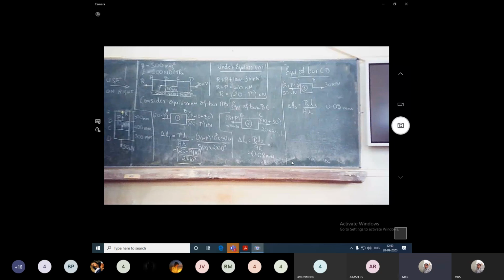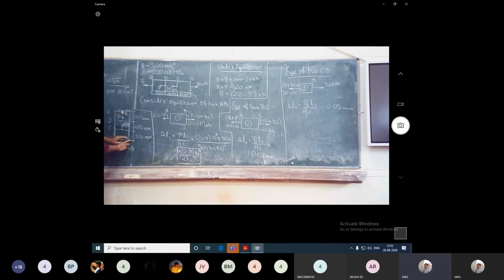You know, the question has a sentence given. You read the question statement. What is given in the last sentence? The lower end does not move vertically downwards. The total length of the bar is 500 plus 400 plus 300, and the total length stays the same, but there is a deformation in between.